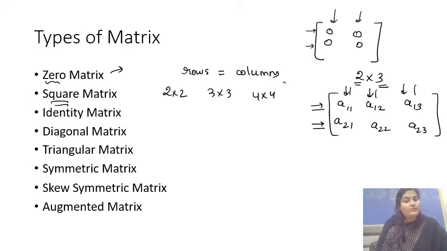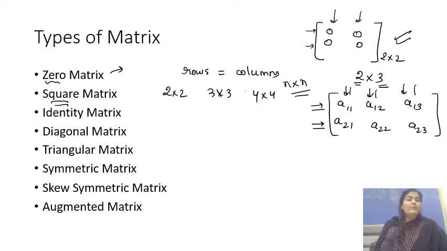So there is a time lapse while I'm writing and it is showing something else. Okay, just bear with me. So this is a square matrix, and this one is of 2 by 2 order and it is a square matrix.